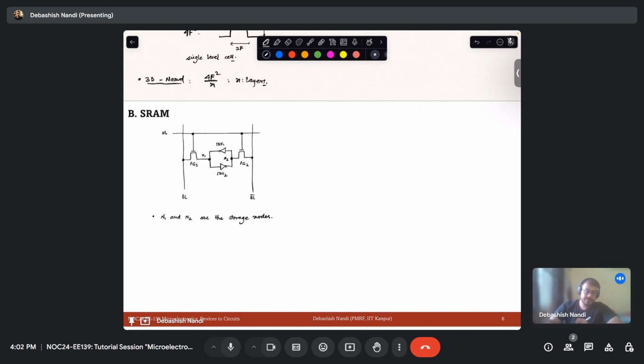The parasitic capacitances at these nodes store the charge. By that, it stores the memory or data. BL and BL bar are the bit lines. WL is the word line. Okay.